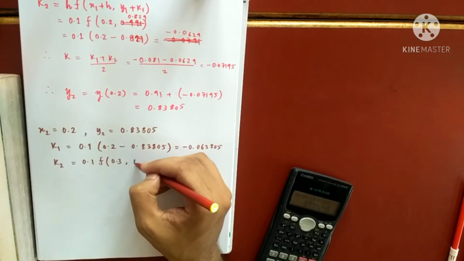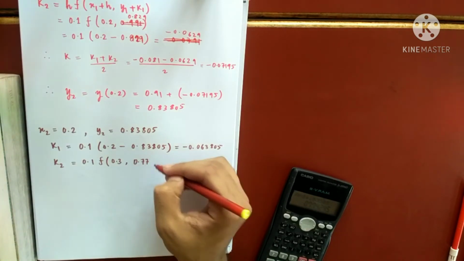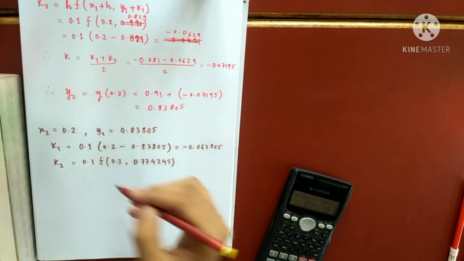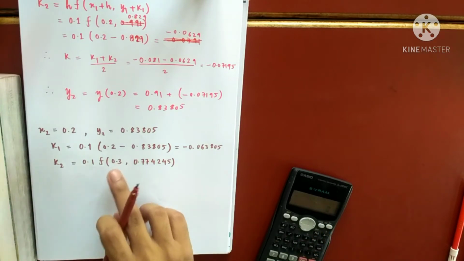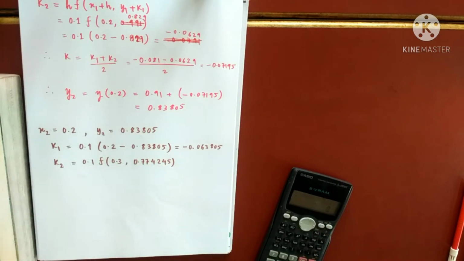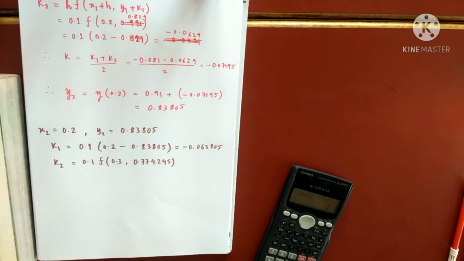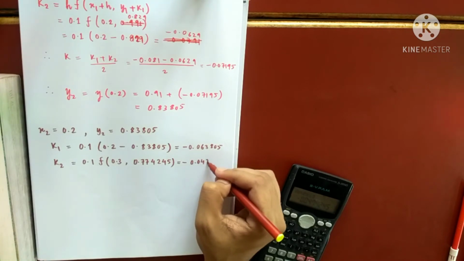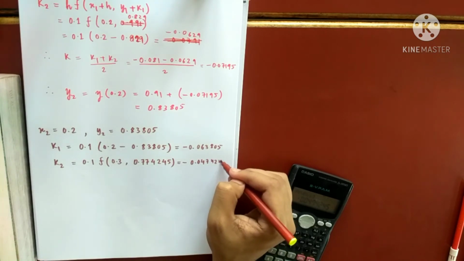It is coming as 0.774245. So function is this minus this. So 0.3 minus 0.774245 into 0.1. So it is coming as minus 0.0474245.